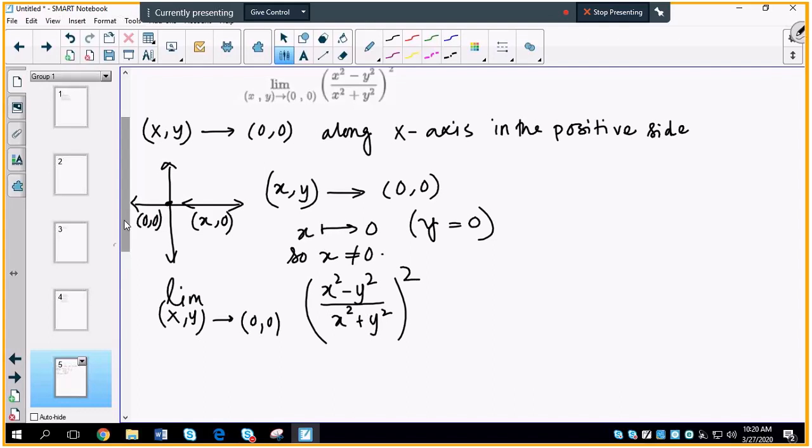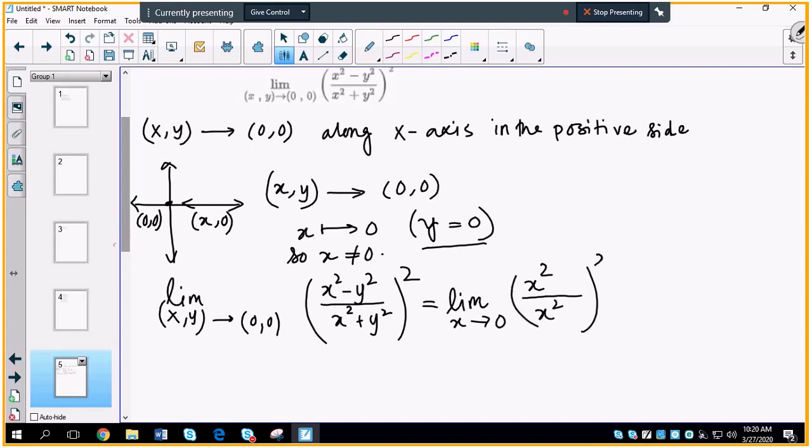So I'm going to rewrite this limit, in the context of approaching 0, 0 on the x-axis from the right-hand side, as the limit as x approaches 0, and wherever I see y, I'm going to replace it by the value of y, which is 0. So your function becomes x squared over x squared, whole squared.